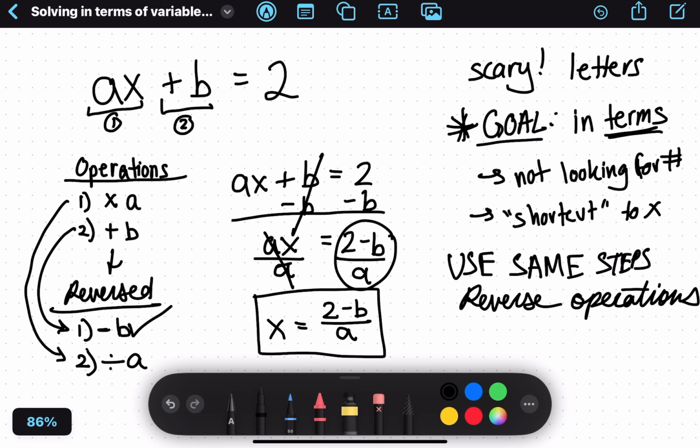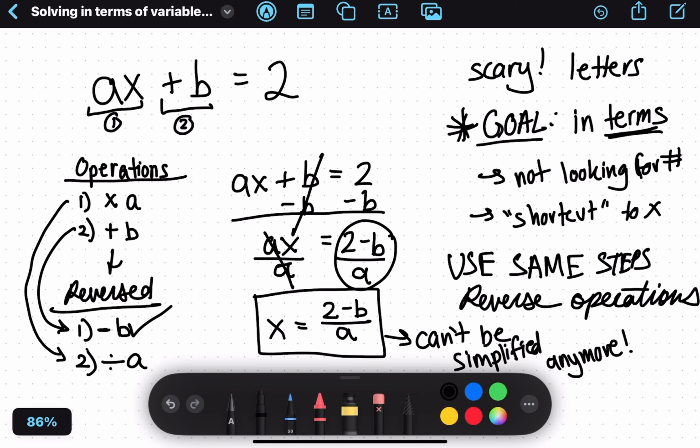You can't simplify it anymore unless another variable is defined. Meaning, unless we're given a value for b or a, we can't simplify this anymore. There's nothing else we can do to make this smaller. So that's it. That's our answer. That wasn't so scary, right?